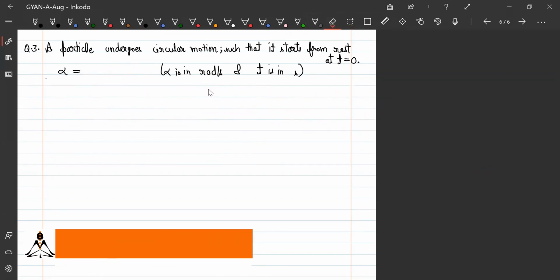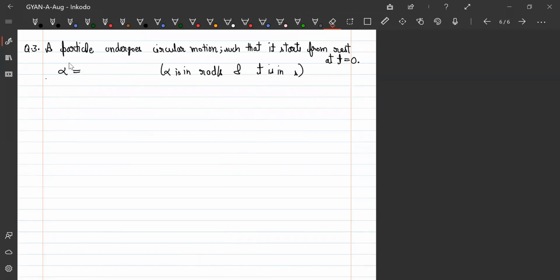Omega is given as a function of theta. Omega varies as k theta square. ठीक है, omega varies as k theta square.